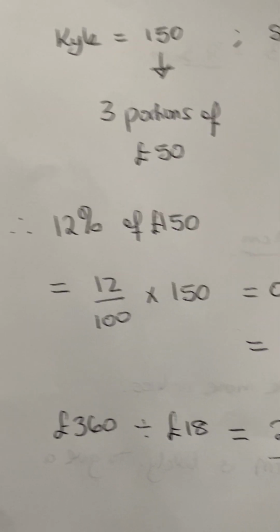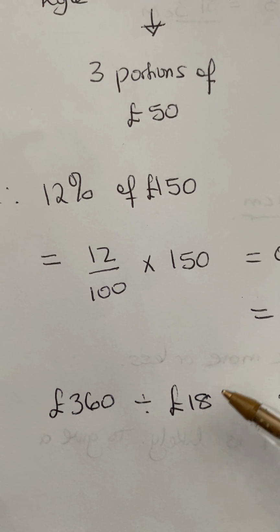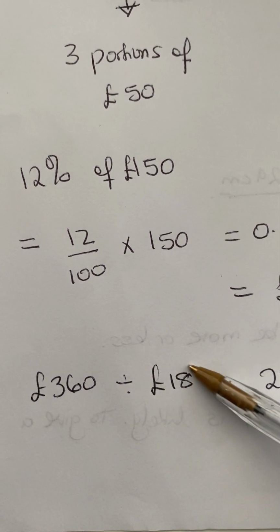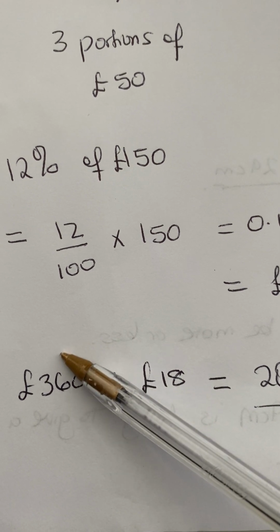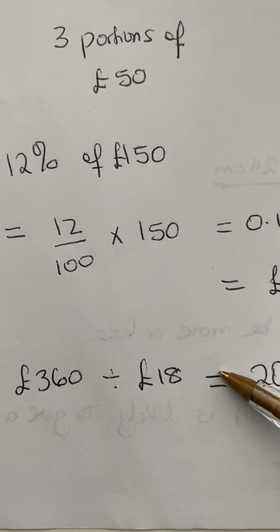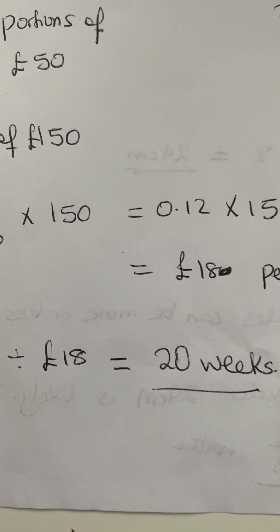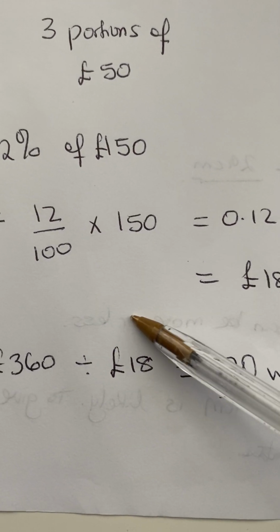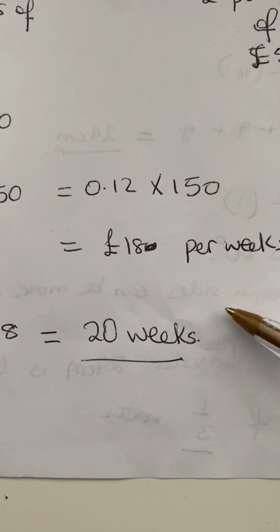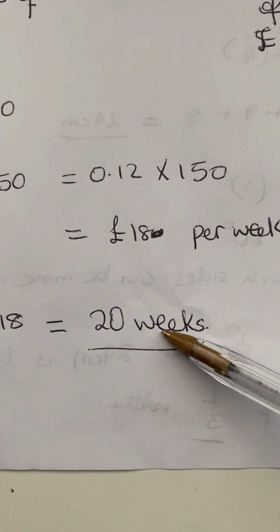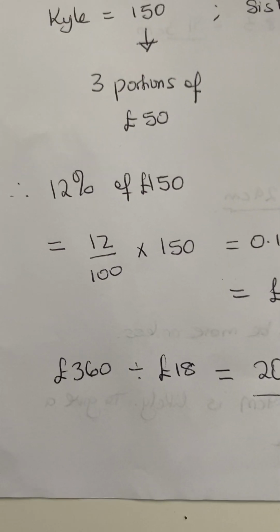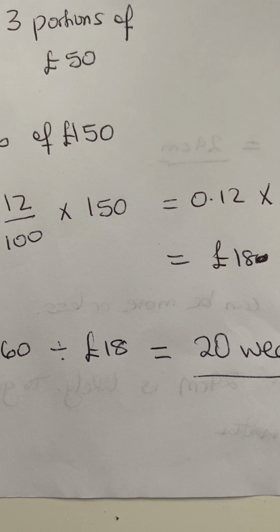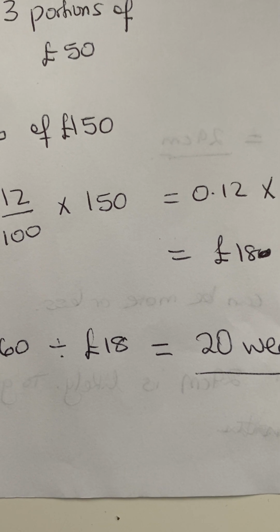So Carl saves 18 pounds, so I'm going to divide 360 by 18 pounds, which is 20 weeks. So if Carl saves 18 pounds per week, it will take him 20 weeks to save 360 pounds. Okay, so that question is also solved.